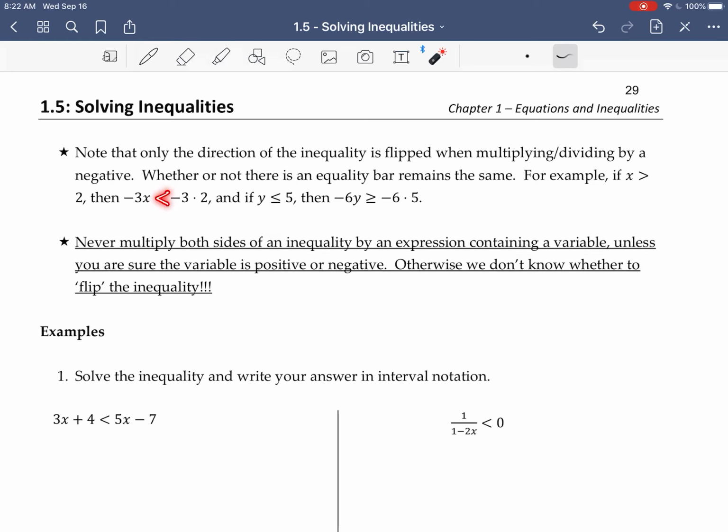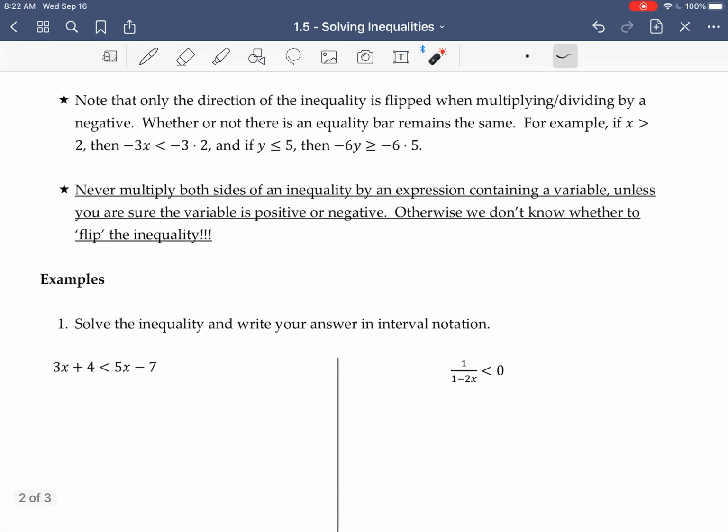It's still the same inequality, just flipped. Similarly, if y is less than or equal to 5, and we multiply by -6 on both sides, then we flip the inequality. So instead of less than or equal, we have greater than or equal, but it still contains the equal.